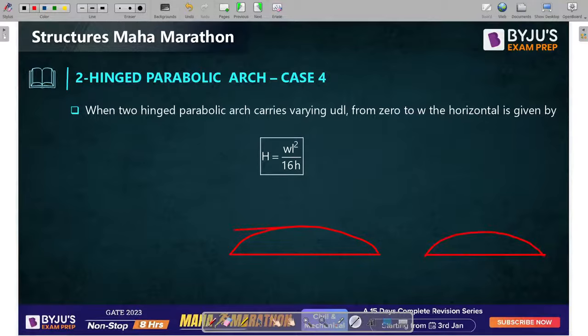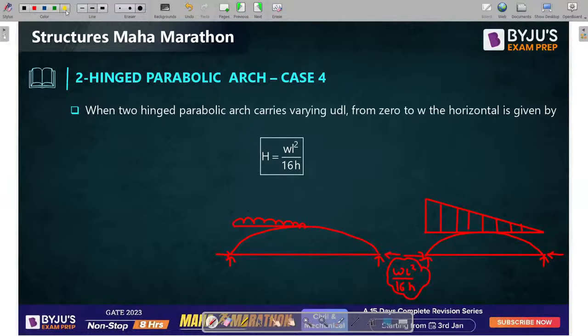Let us suppose a half UDL is there, guys, or we have a UVL part like this, or a UDL like this, half of the UDL, right? So in this case also, the reaction will become half, which will be equal to how much? WL square by 16H, which is half of the previous one, right?